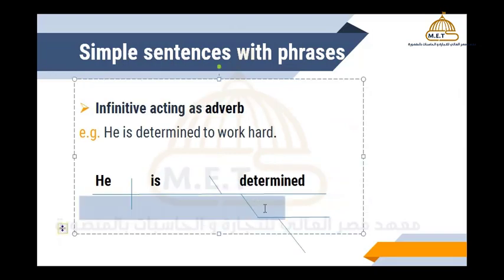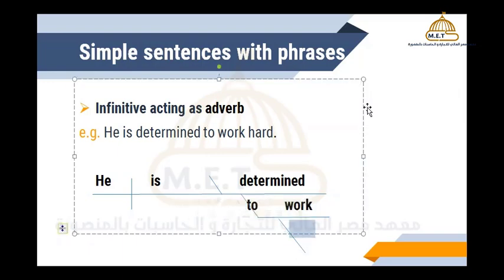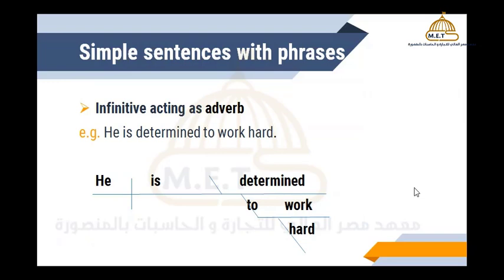To as a preposition and the infinitive. And we have hard, which is an adjective. So he is determined to work hard. The infinitive acting as an adverb is to work hard.